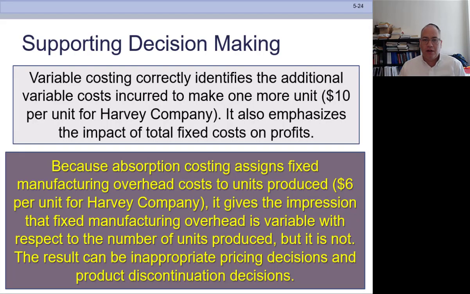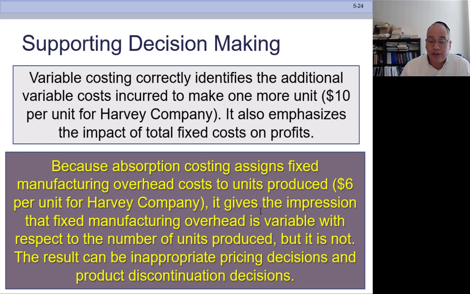This is a very important thing to note here from the textbook PowerPoint slides. Because absorption costing assigns fixed manufacturing overhead costs to units produced, and here it says $6 per unit for Harvey Company. We saw a different example.